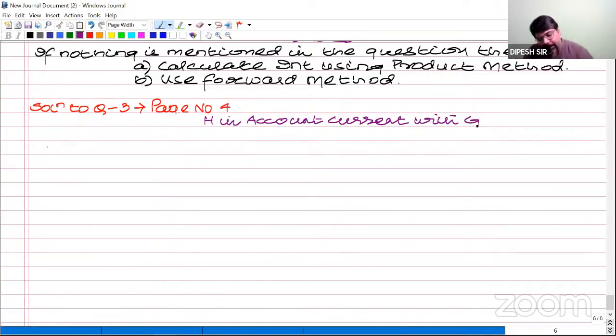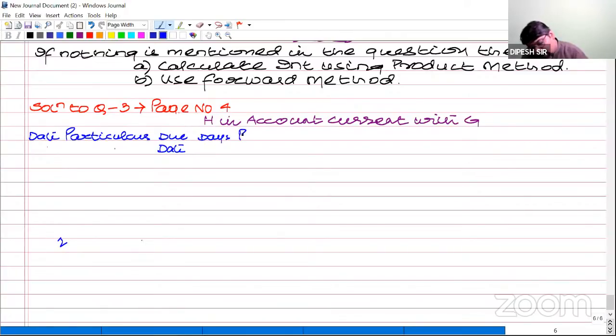G's point of view. Columns: date, particulars, due date, days, product, amount.